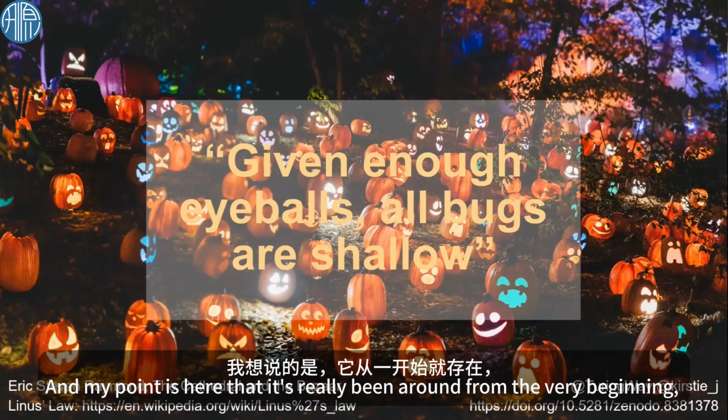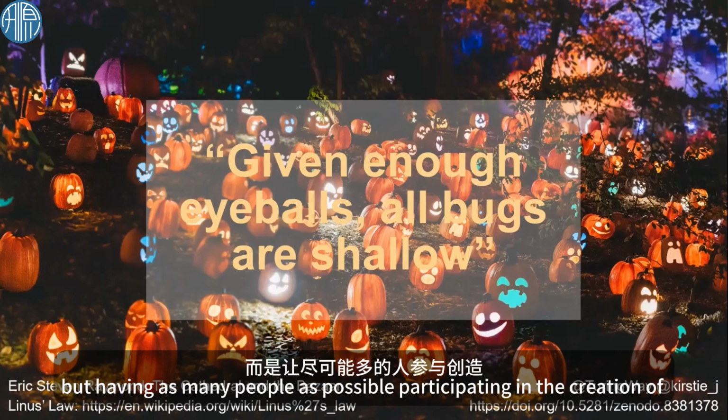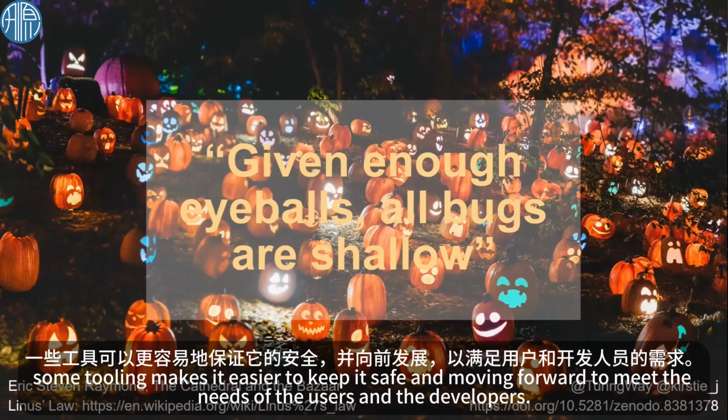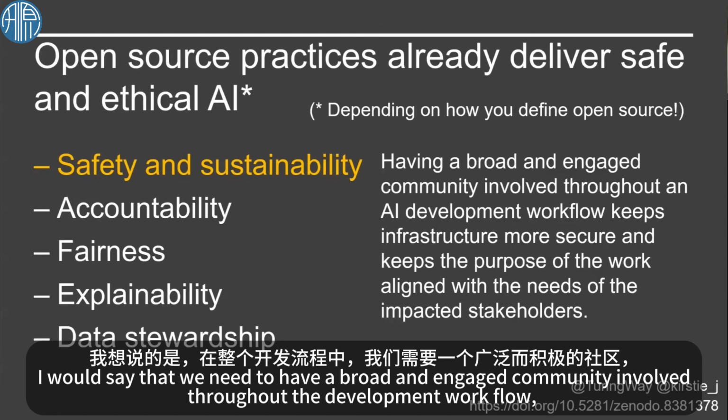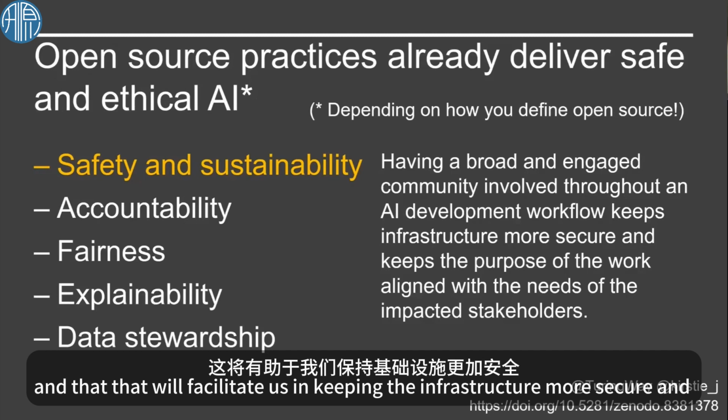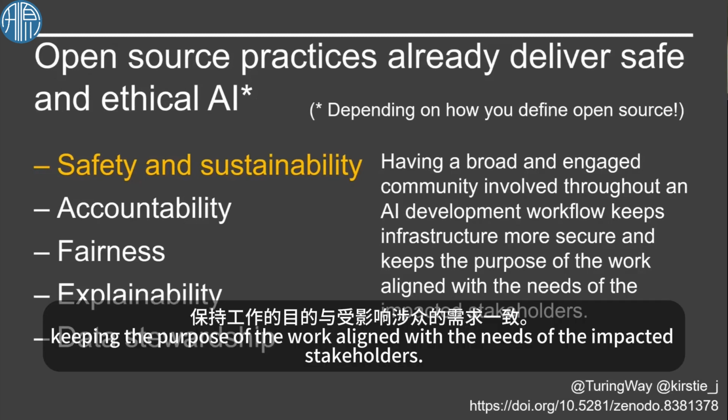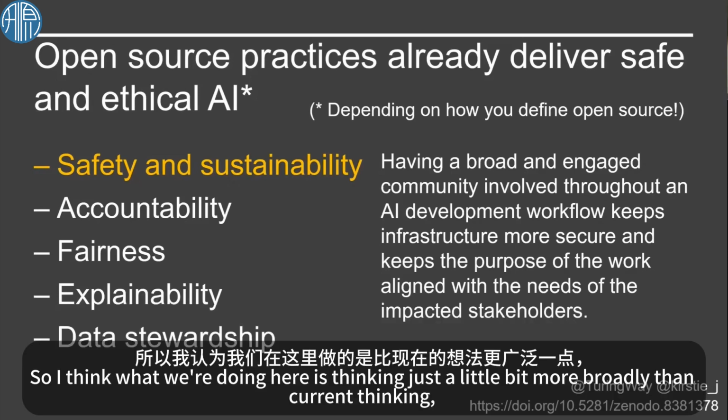My point here is that it's really been around from the very beginning, that having as many people as possible participating in the creation of some tooling makes it easier to keep it safe and moving forward to meet the needs of the users and the developers. So if we're thinking about building a definition of open source AI that is safe and sustainable, I would say that we need to have a broad and engaged community involved throughout the development workflow, and that will facilitate us in keeping the infrastructure more secure and keeping the purpose of the work aligned with the needs of the impacted stakeholders.